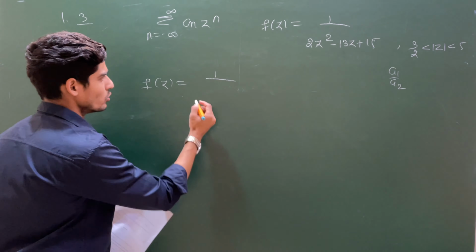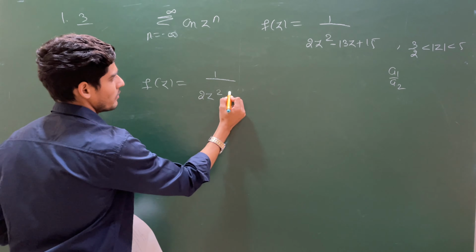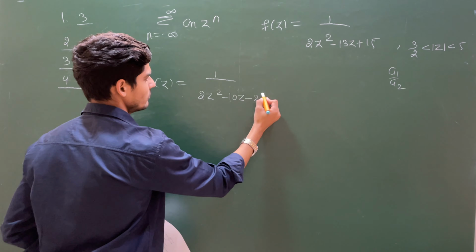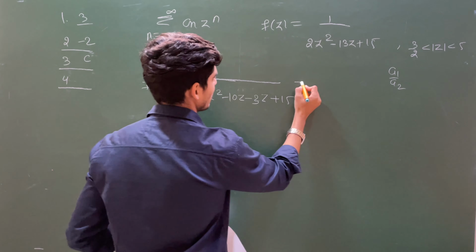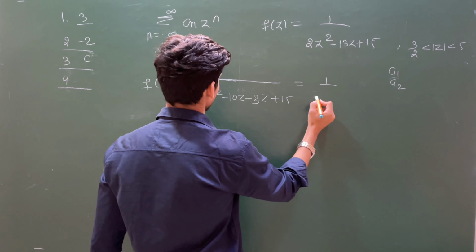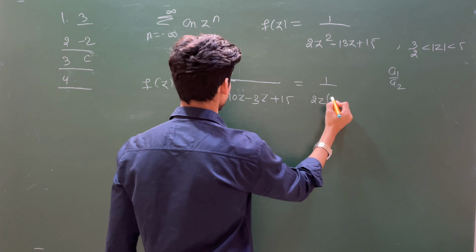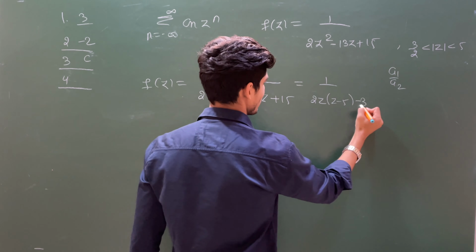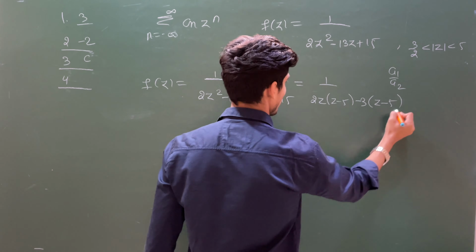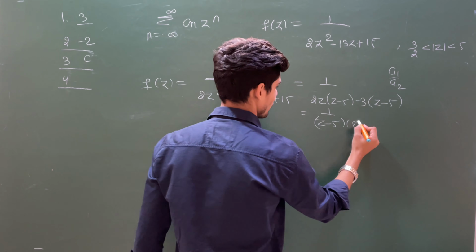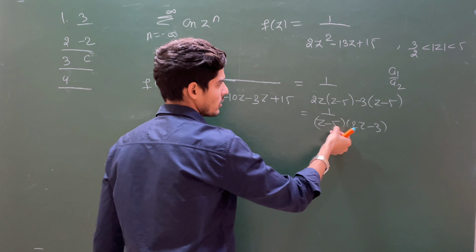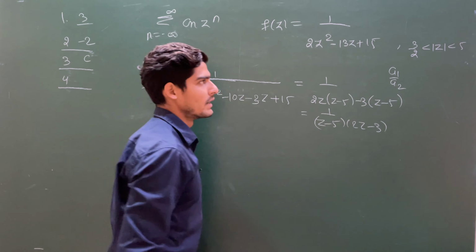So you just do this one, 2z square minus 10z minus 3z plus 15. This will give you 2z you can take common, z minus 5, minus 3 you can take common, z minus 5. So you will have 1 upon z minus 5, 2z minus 3. Now you can see you are having 5, you are having 3 by 2.